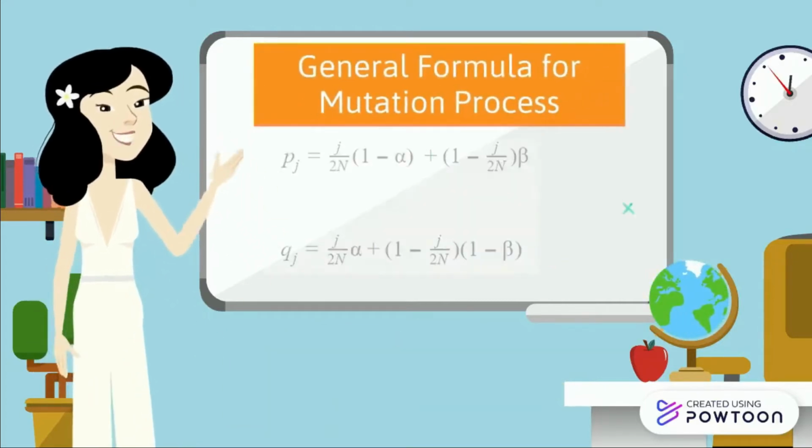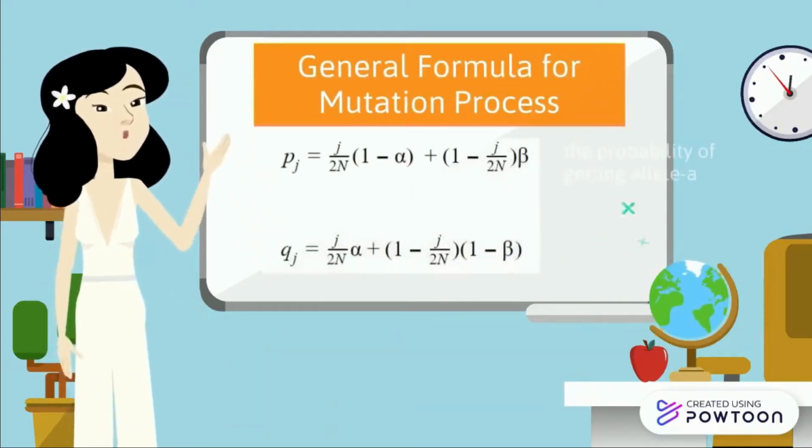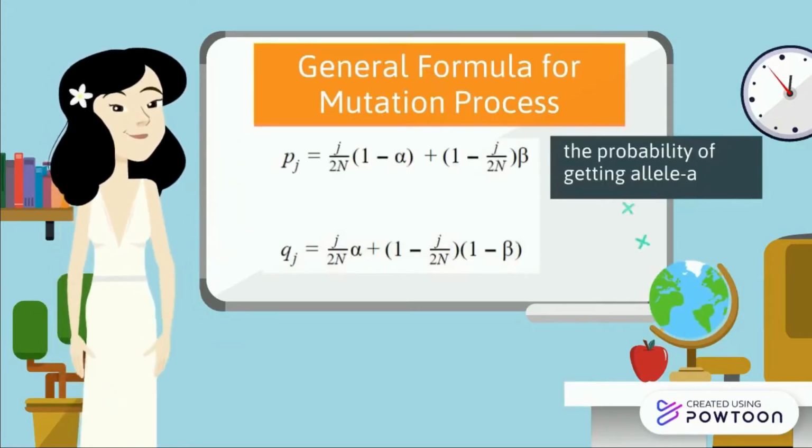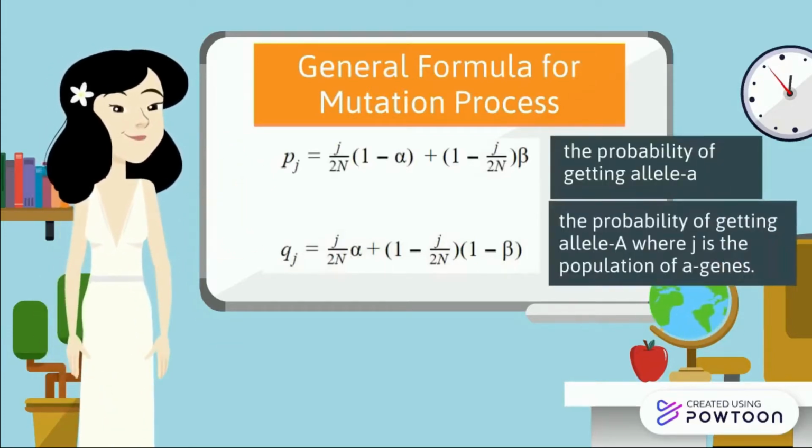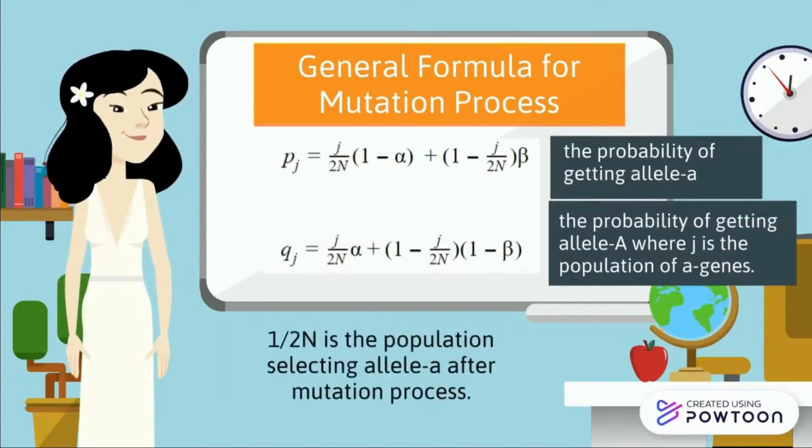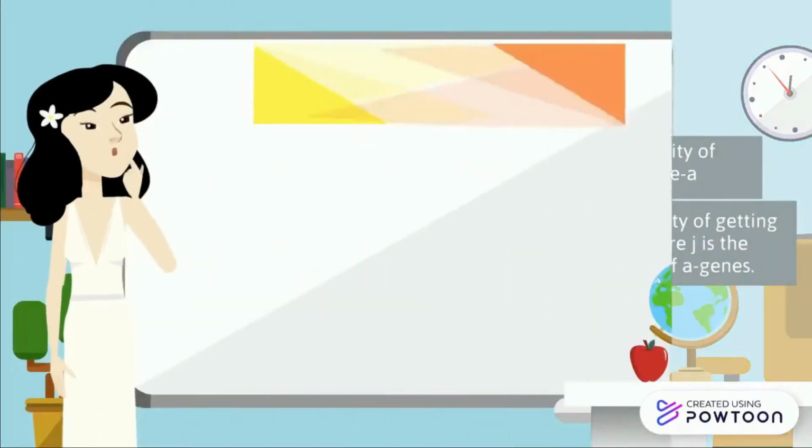In the general formula for the mutation process from the equation shown, Pj is the probability of getting allele small a and Qj is the probability of getting allele capital A, and Vj is the proportion of small a genes. Besides, 1/2n is the population selecting allele small a after the mutation process.